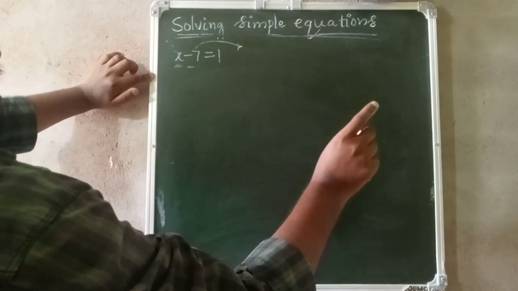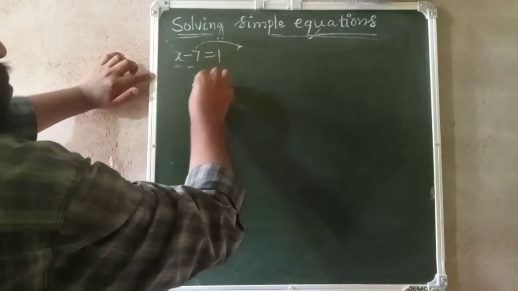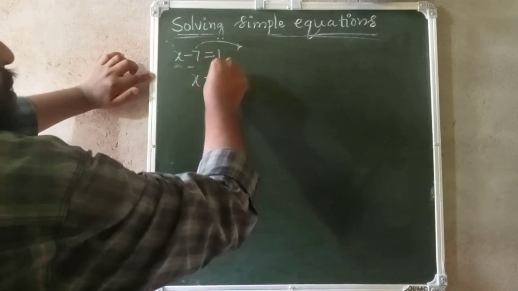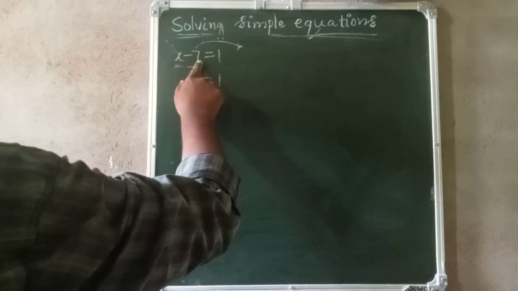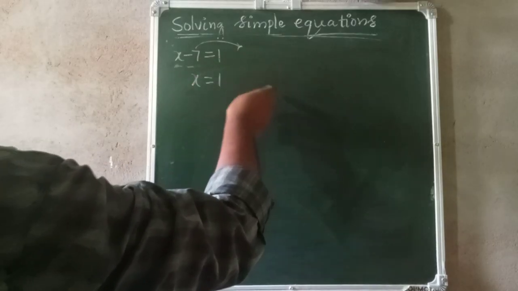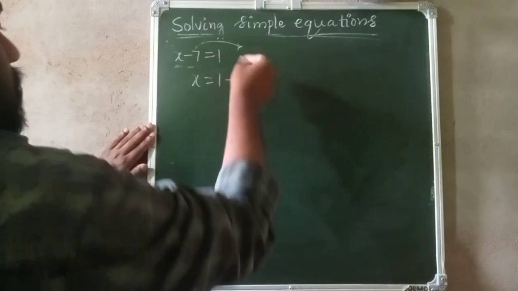Before moving, in the next step, write x is equal to this one. Now, when this minus 7 is moved to this side, minus 7 becomes plus 7.